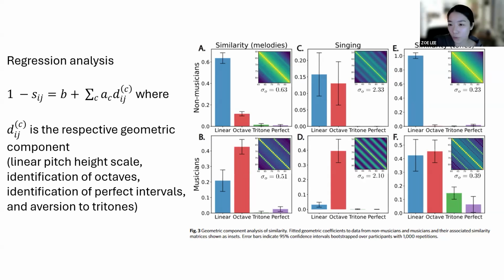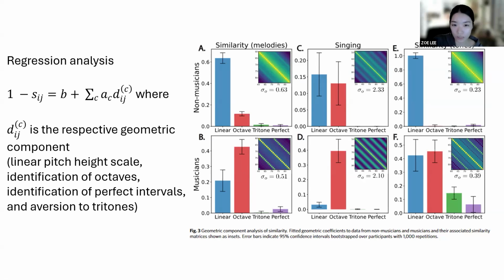And for the isolated similarity of tones on the far right, you can see that all three components, linear tone height, octave, and tritones, contribute for musicians, whereas only the linear pitch height contributes for non-musicians. This difference is quite large, which was interesting.